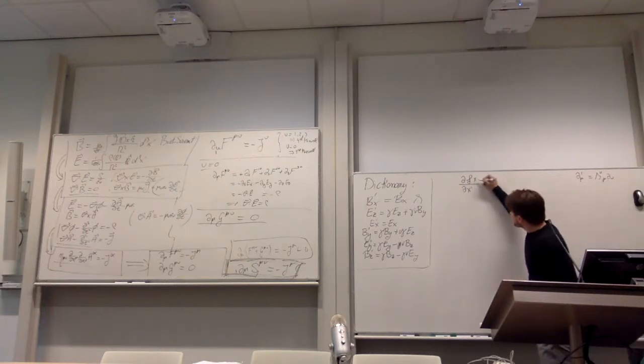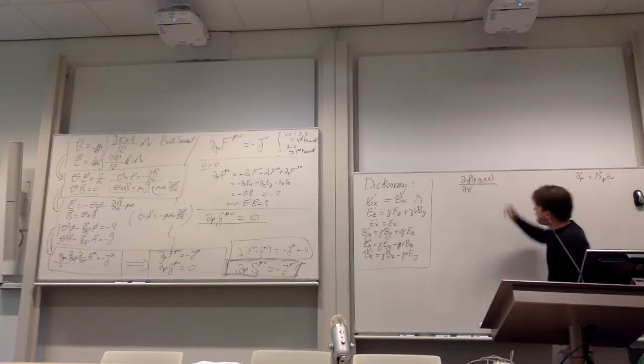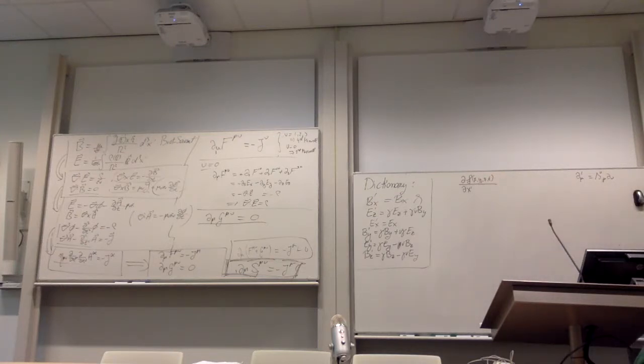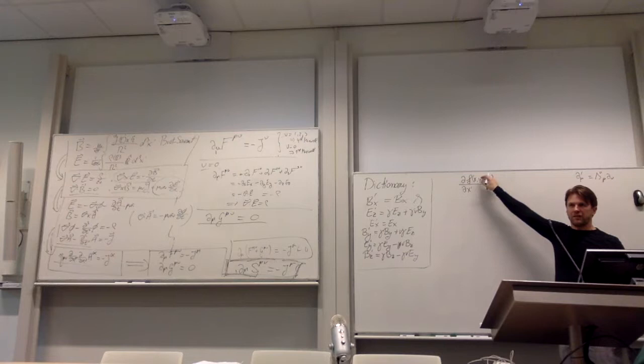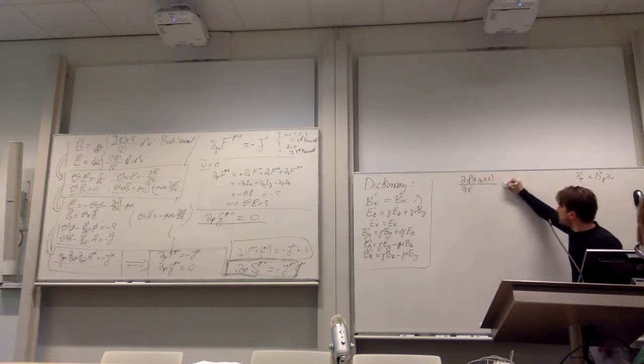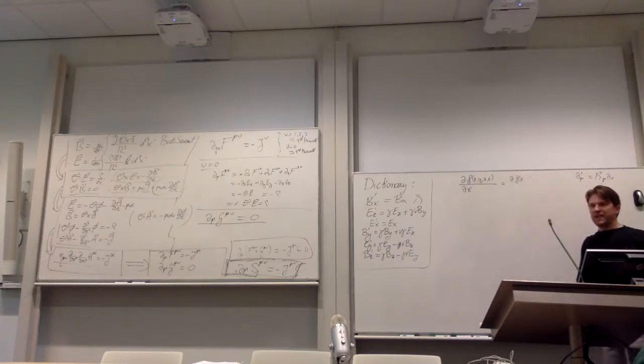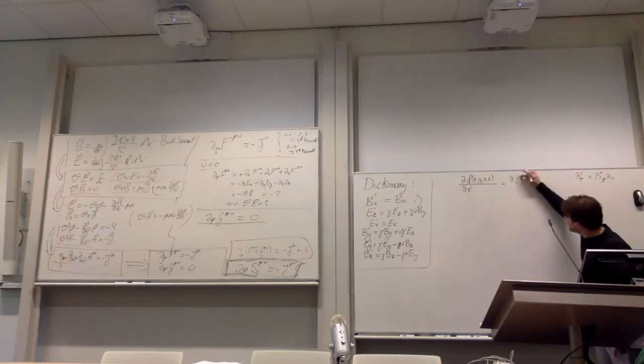Now, a random function will generally depend on x, y, z, and t. And I'm now taking its derivative with respect to x primed. But there's no x primed in there. But we've seen that you can write x's in other guys as x primes and t's and z's and such. So it's going to be crappy notation, but I cannot help it.